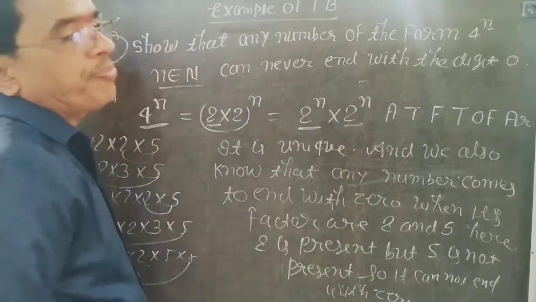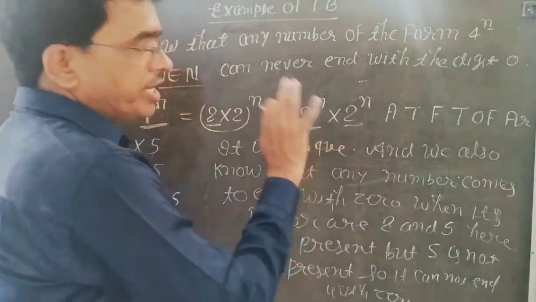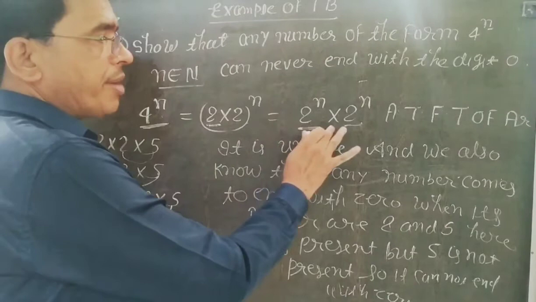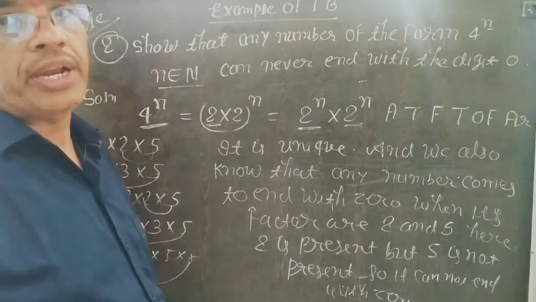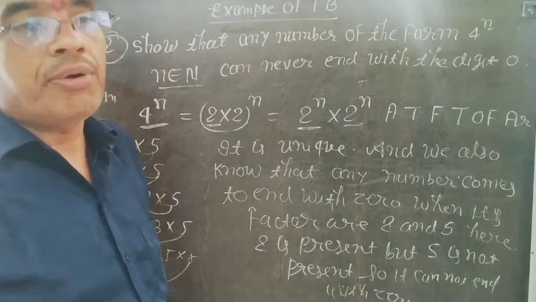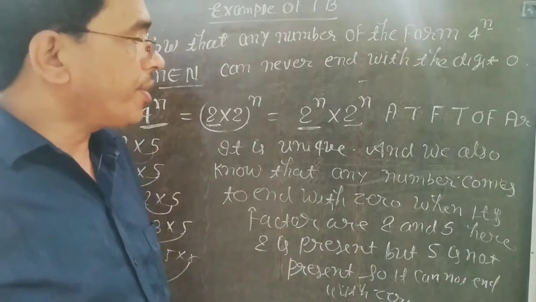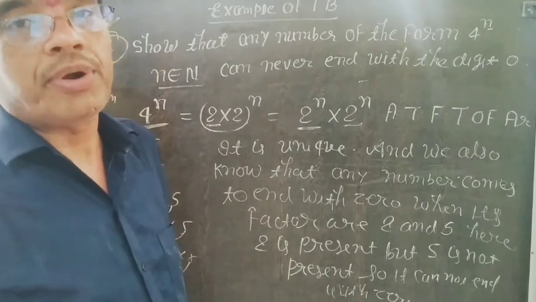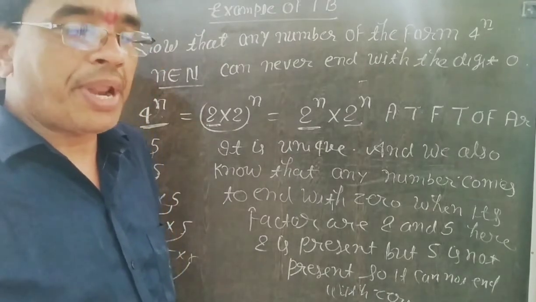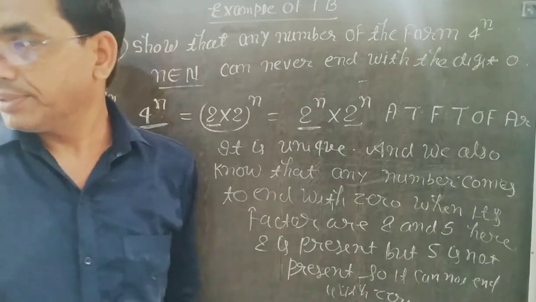Here 5 is not present, and according to the fundamental theorem of arithmetic, it is unique. That means no number other than 2 when you factorize the 4. But we know that any number comes to end with 0 only when its factors are 2 and 5. Here 2 is present, but 5 is not present, so we cannot express a number that ends with 0. That's it.